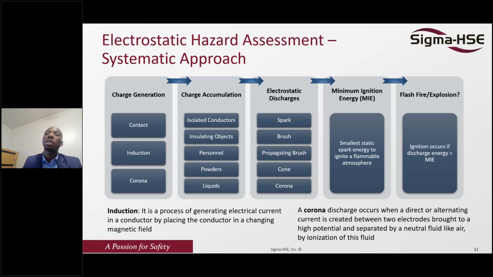So after accumulation, how do we discharge these accumulated charges? It can come in the form of, number one, a spark. It could come as a brush discharge. It could come as a spark from a conductive object like a metal object. A typical example is when you have a battery and you try to connect to the other terminal, sometimes you see a spark, a different electric potential happening.